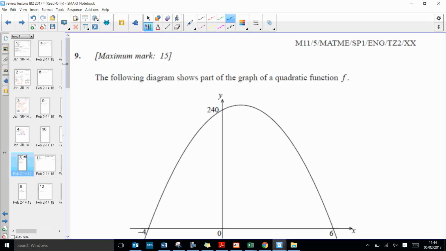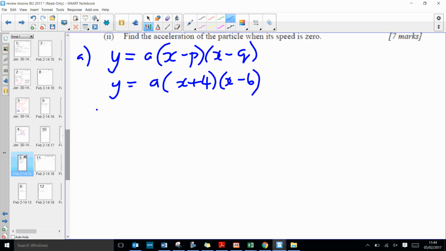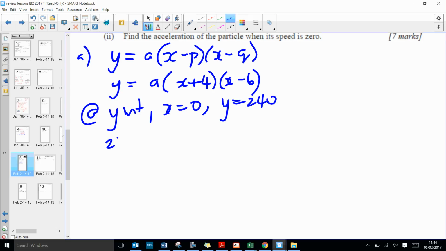We then focus on any information they've given us. In these questions, they normally tell us the vertex or the y-intercept. In this case, they've told us the y-intercept. So at that point, we know the values of x and y. At the y-intercept, x is 0, y is 240. So we put 240 and 0 into those two positions.